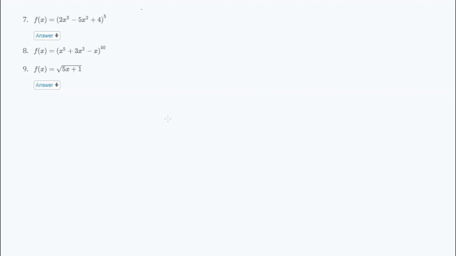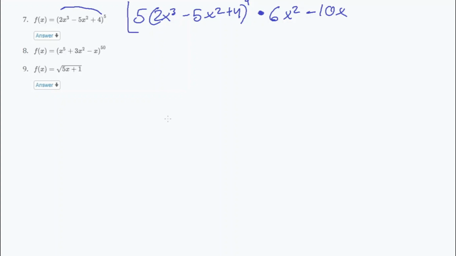But if we use the chain rule, we're going to have 5 go to the front, so we're going to have 5 times (2x cubed minus 5x squared plus 4) to the fourth power, because 5 minus 1 is 4, multiplied by the derivative of the inside, which is going to be 6x squared minus 10x. And that is our final answer. We could just leave it like that.